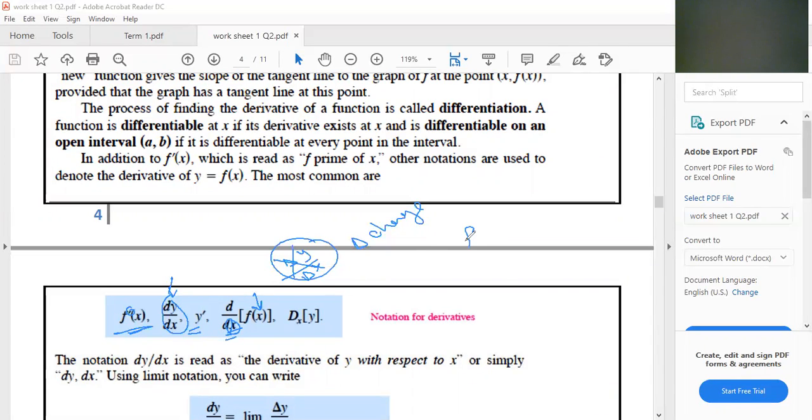If the function is f of z, I find the derivative with respect to what? Z. I have to find the derivative with respect to the variable that the function depends on.